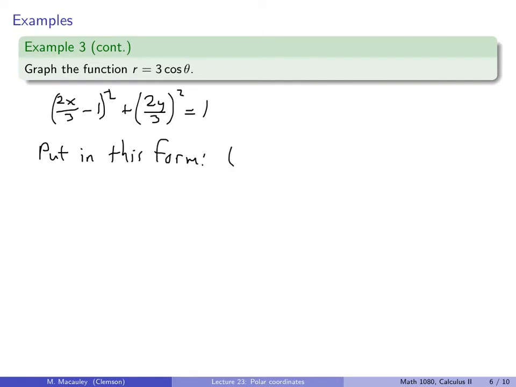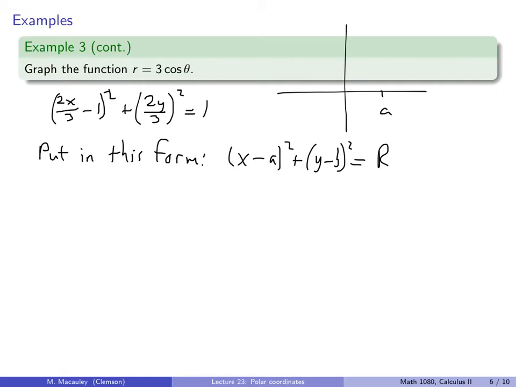If I have x minus a squared plus y minus b squared equals r squared, we know what that looks like, right? That's just going to be a circle centered at (a, b) with a radius r.